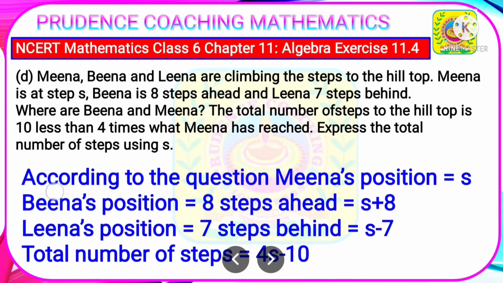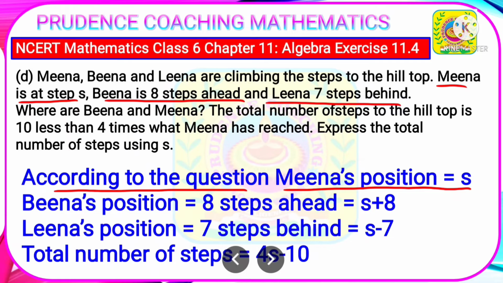So you will write according to the question, Meena's position equals S as it was given that Meena is at step S. Next it is given Beena is 8 steps ahead and Leena is 7 steps behind. So Beena's position will be 8 steps ahead of Meena, that is S plus 8. That means Beena has travelled 8 more steps than Meena. Then Leena's position is given to be 7 steps behind Meena.